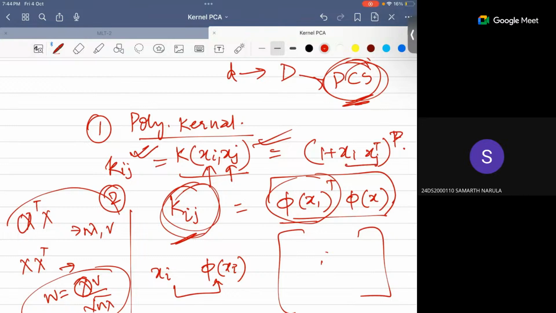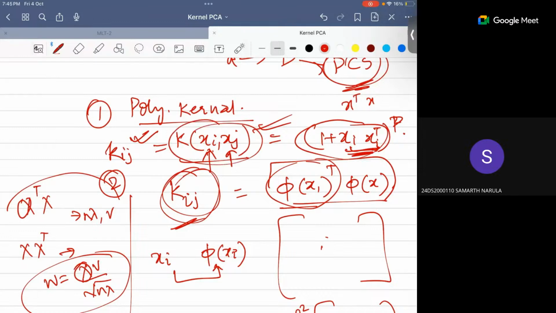Because at the end of the day, you are getting some scalar value, right? Whether you do x transpose x or xi transpose xj, you'll get a scalar value only, corresponding to one value. You are calculating the similarity between the ith vector and the jth vector, correct? So even if you calculate the similarity between j and i, it will be the same, because the matrix you get will be a symmetric matrix.